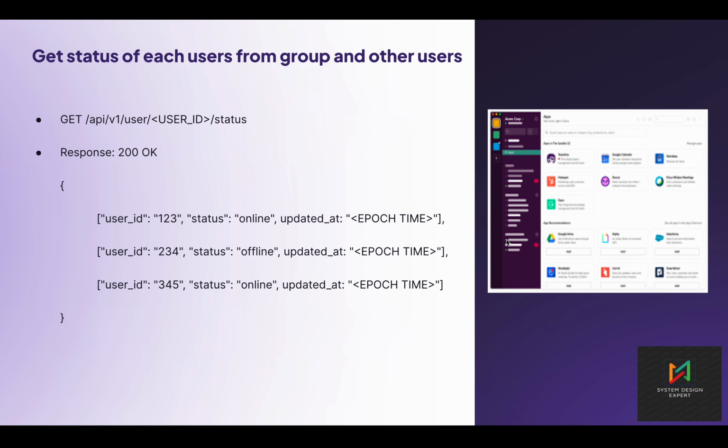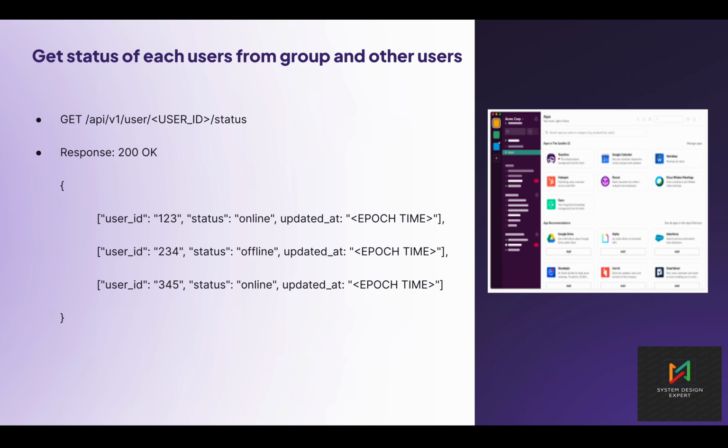I need to see from these which are the available or online users on my screen. Or if I select a channel, for that channel I need to see, hey, out of these many people, person X is online, person X is offline, these kinds of things. So for getting the status of online versus offline for available users, we use this API.